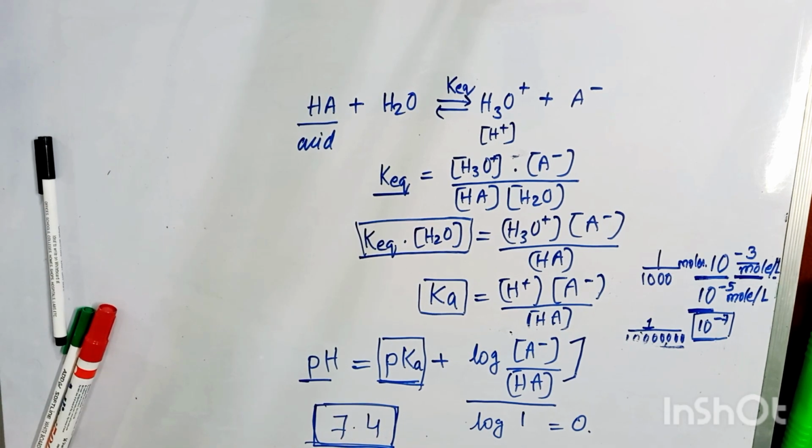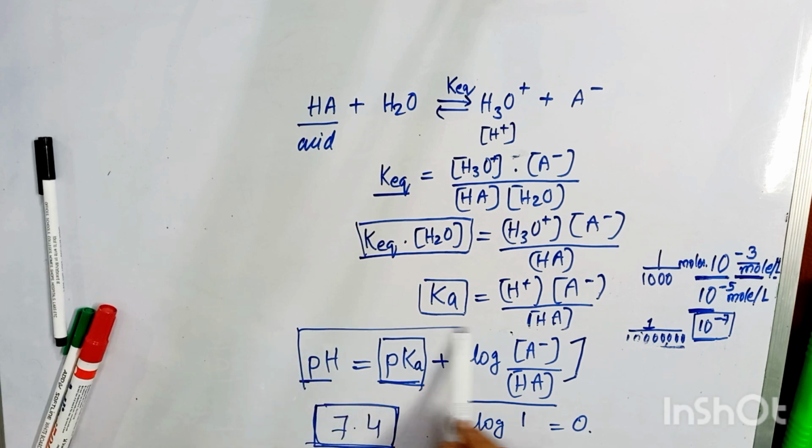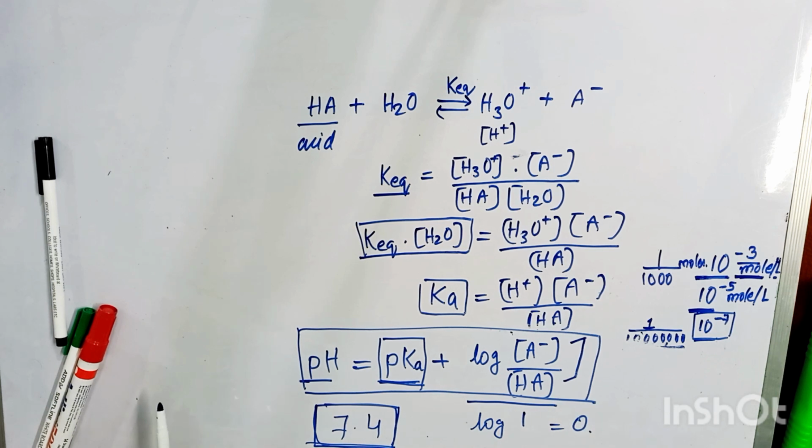So in this class you have now understood the details of pH and the significance of pH, the hydrogen ion concentration. Now I'll go to the derivation of the equation called the Henderson-Hasselbalch equation.